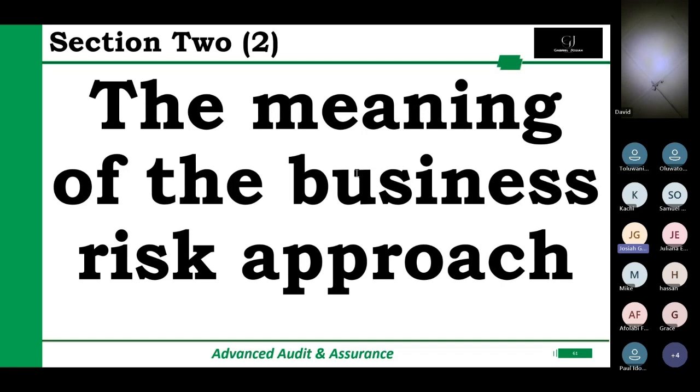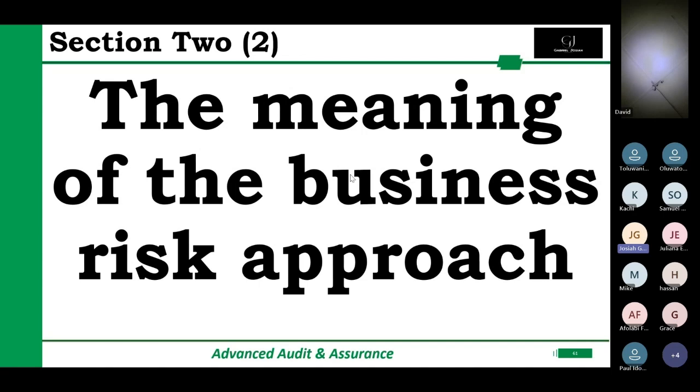Then internal controls around loan approval processes, amounts, the hierarchy of authority, the amount that can be approved at a particular level, and internal controls around IT systems. So based on this, we need to assess the risk of material misstatements in areas like loan loss provisions, revenue recognition, or IT security breaches.